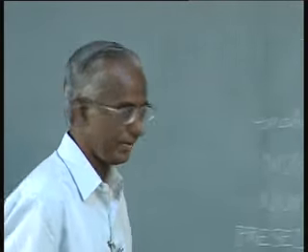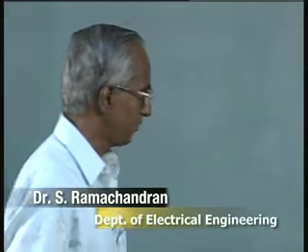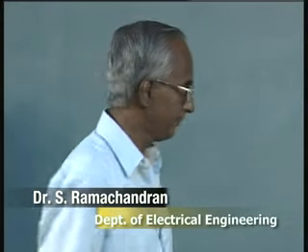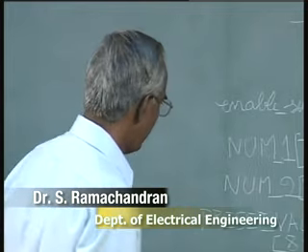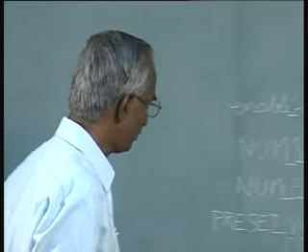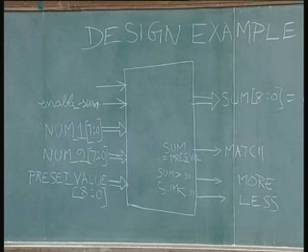Let us consider a design example using some of the methods that we have adopted earlier, and this example is a simple summation of 2 numbers, and then compare it with a preset value, and then output different results.